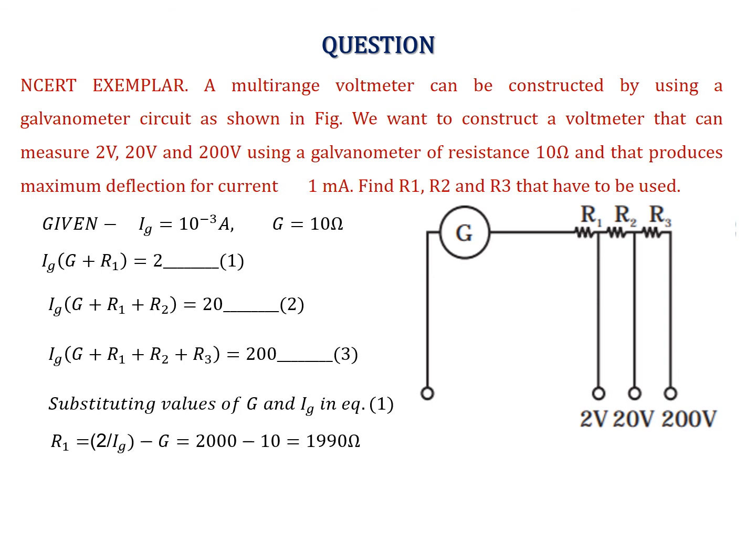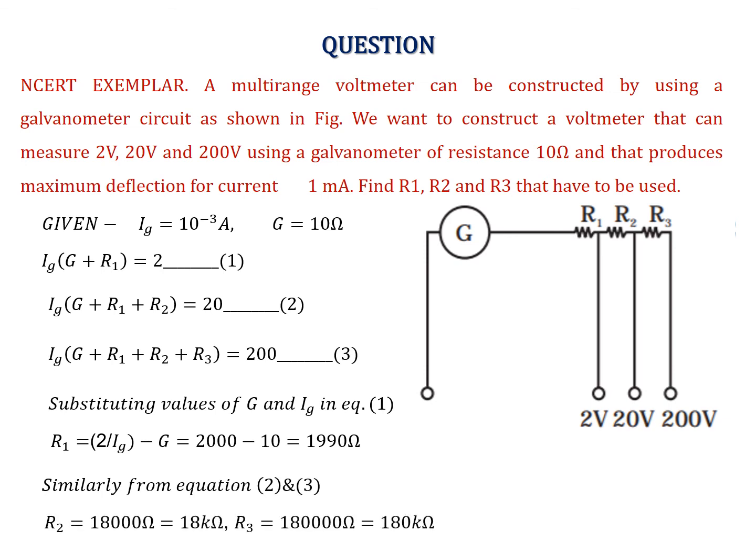Now we can substitute the value of Ig, G and R1 in equation 2. The result will be R2 is equals to 18 kilo ohms. And similarly from equation 3, we will get R3 is equals to 180 kilo ohms. So thus we can convert the given galvanometer into a multi-range voltmeter.